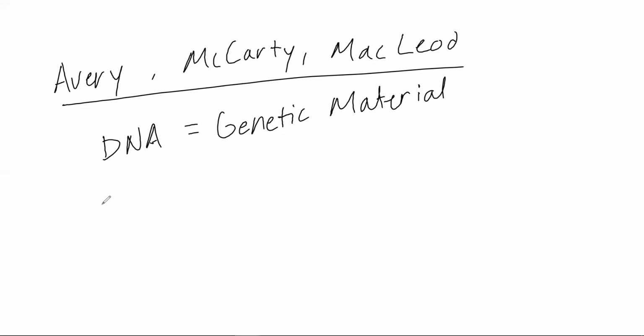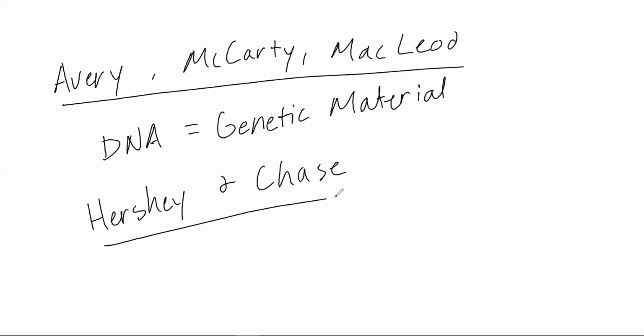Then, after these guys, we have Hershey and Chase. These guys do the radioactive experiment using bacteriophages to confirm that DNA is in fact the genetic material. They use the radiation test.